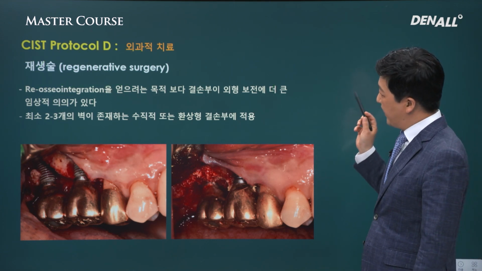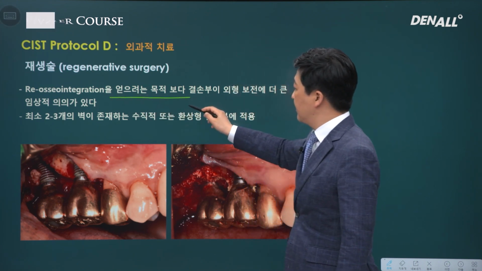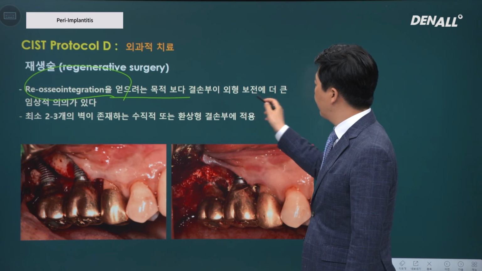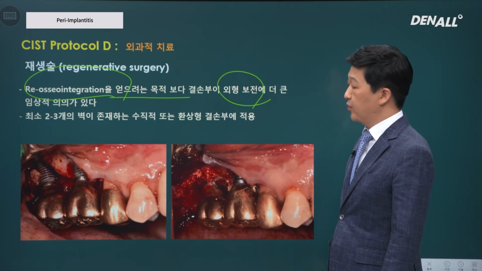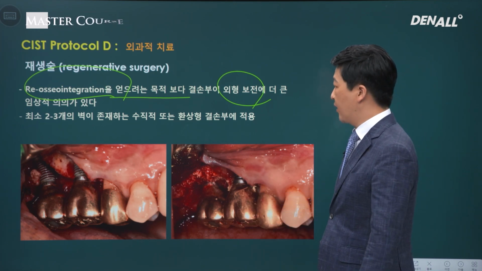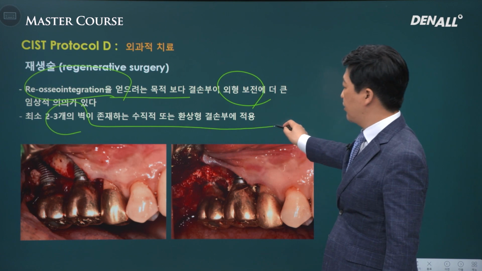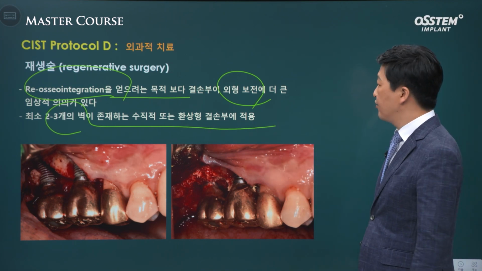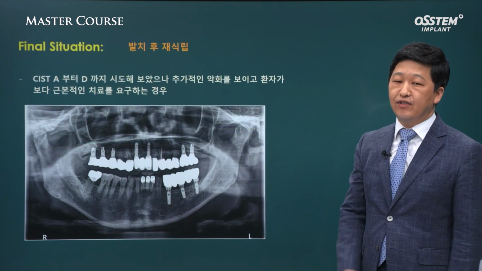In the case of regenerative treatment, the purpose is to preserve the contour of the defect. It serves as a filler rather than to achieve re-osseointegration. This is applied when there are at least 2 or 3 walls. This is a treatment procedure that can be applied to vertical or crater-like bone defects.